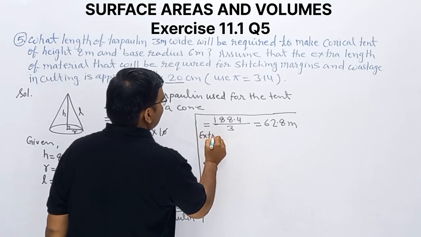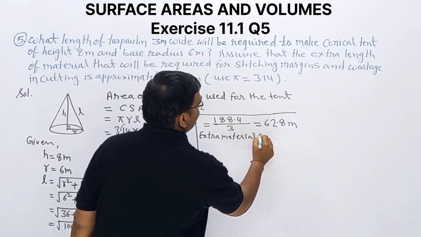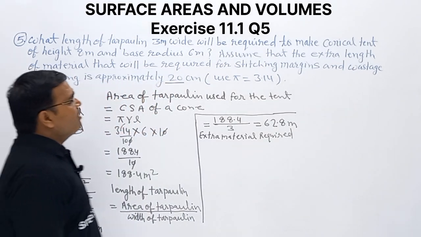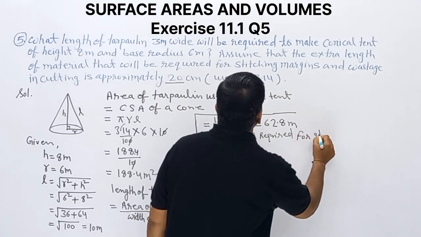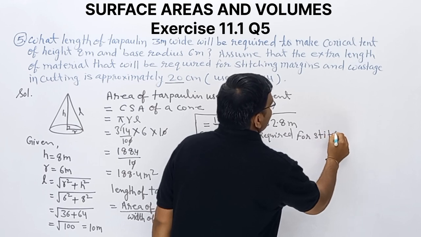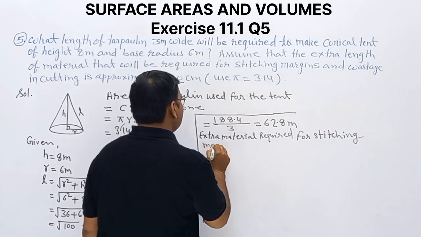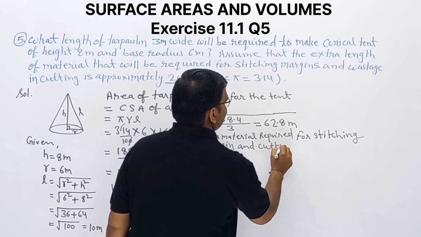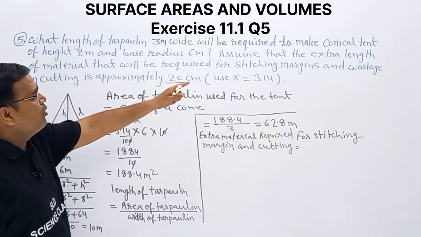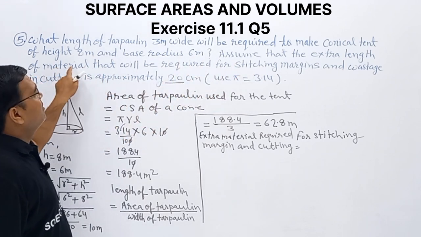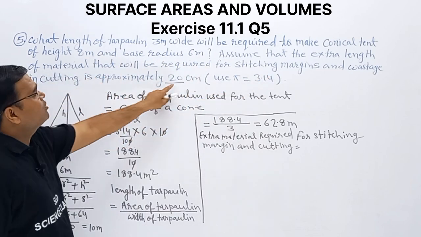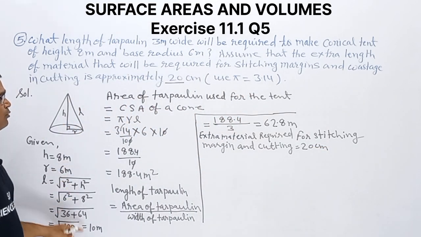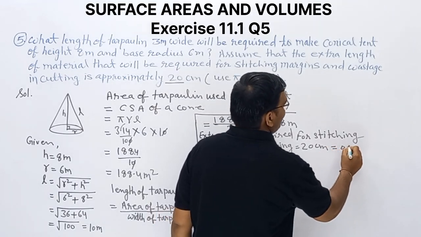In the question we are having extra material required for stitching margin and cutting, which is approximately 20 centimeter. All parameters are in meter, so we should convert this into meter. So it will be 0.2 meter.